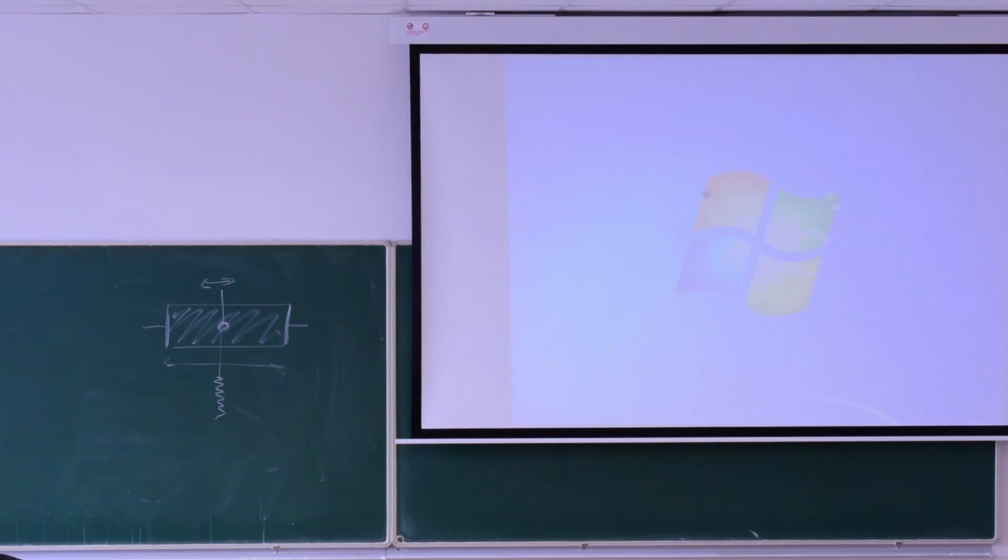Metallic strain gauges typically have gauge factor of about 2. Semiconductor strain gauges, the gauge factor is somewhere about 120. So here the answer is true.